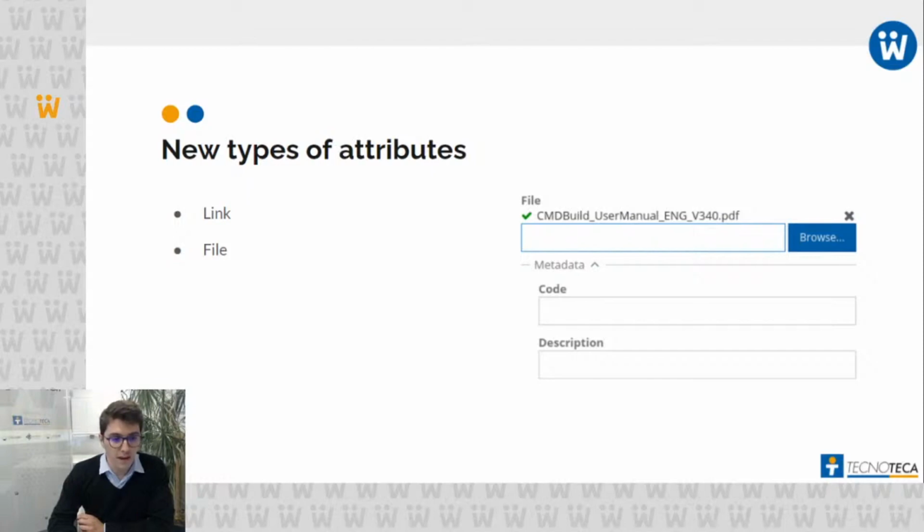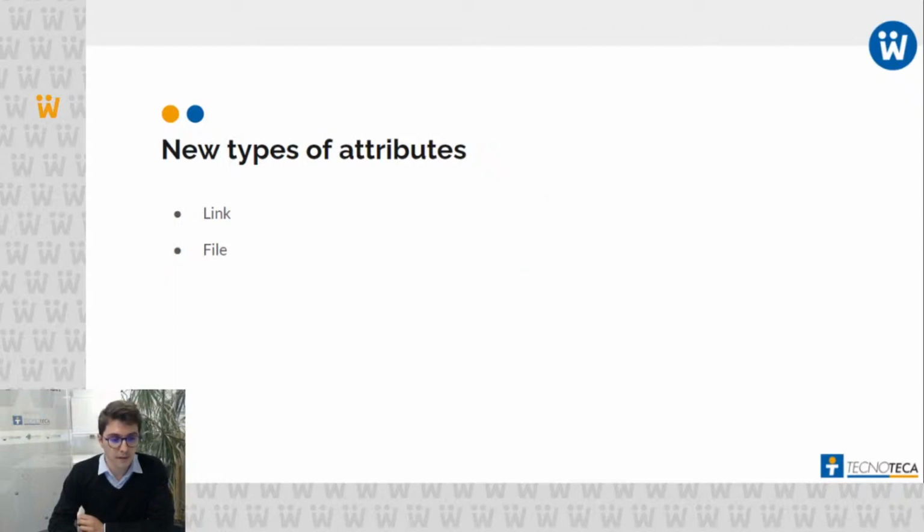Then we have added the file attribute. This allows users to upload files directly on card editing. Then we have added a formula field attribute, which is a read-only attribute.